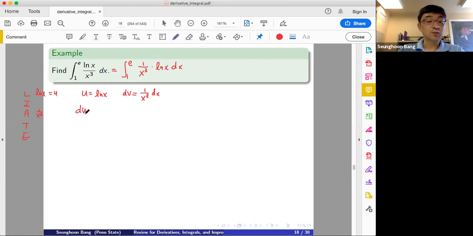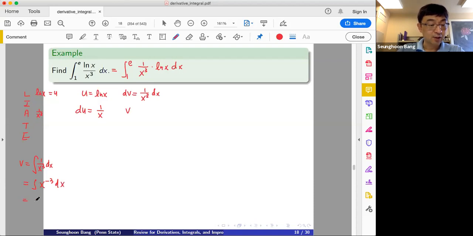Find du. The du is ln of x prime. ln of x prime is 1 over x. How can you find the v here? The v is the integral of 1 over x cubed dx. Calculate the integral of x to the negative 3 dx.